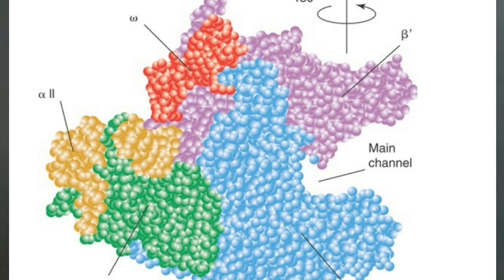The sigma subunit is predominantly responsible for promoter recognition, and the presence of the omega subunit is controversial. The presence or absence of the omega subunit is controversial in the RNA polymerase enzyme. The catalytic site is at the base of the cleft formed by the beta and beta prime jaws.